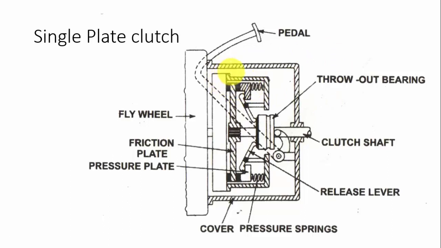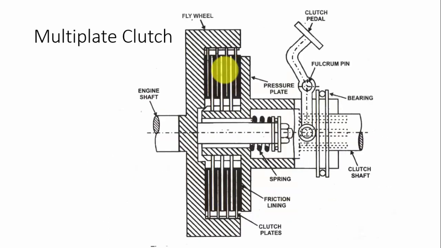In this case, this plate needs to be very big in order to transmit high torques and high power. Whereas in two-wheelers and small vehicles we cannot have a big clutch plate. We can achieve that power or torque transmission by having multiple clutch plates. Here you can see multiple clutch plates.